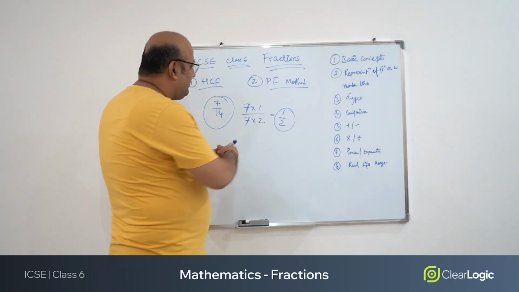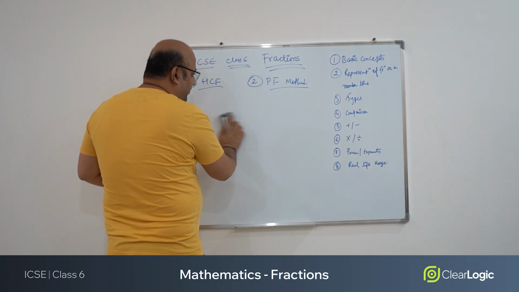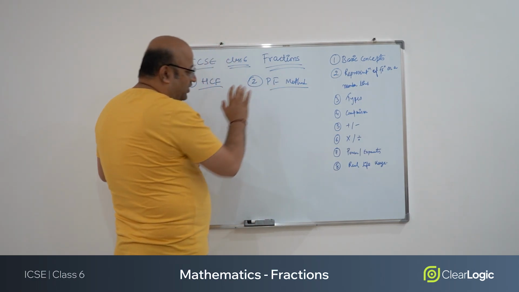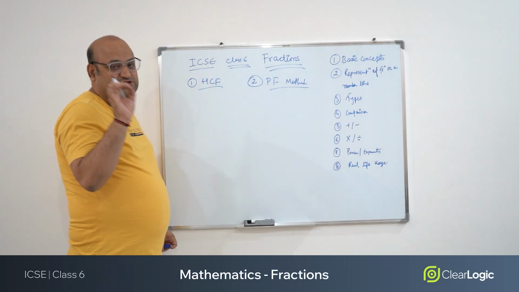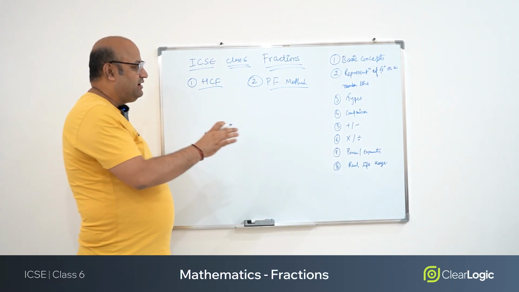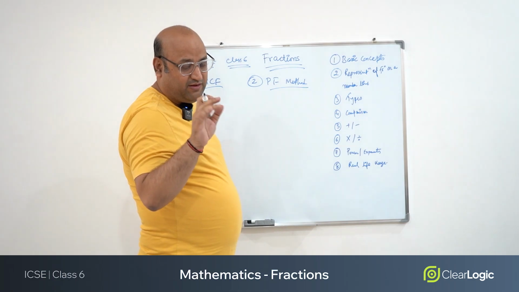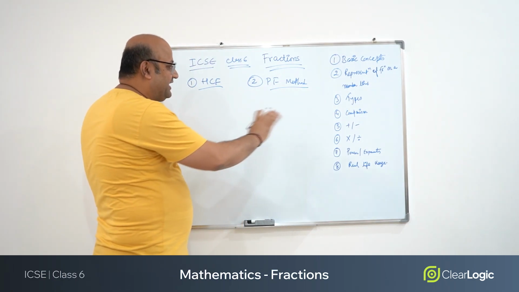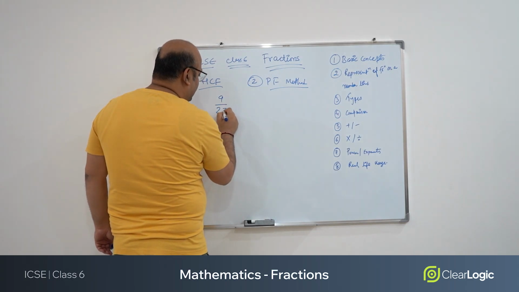Now a very similar method is your prime factorization method, where we'll write all the prime factors of a particular number in the numerator, as well as in the denominator, and then we'll apply the cancellation method. For example, let's assume 9 by 27.